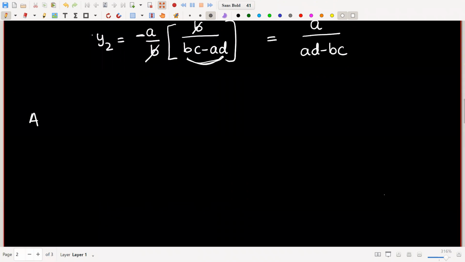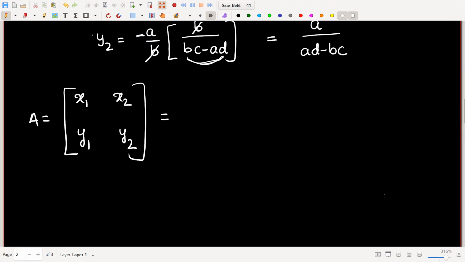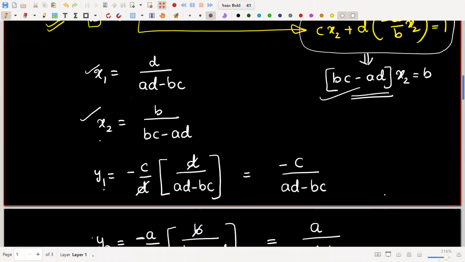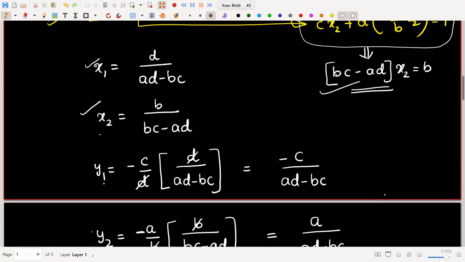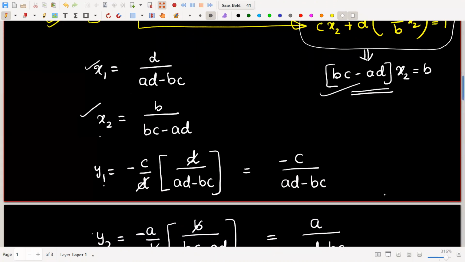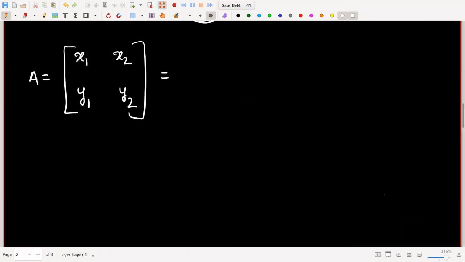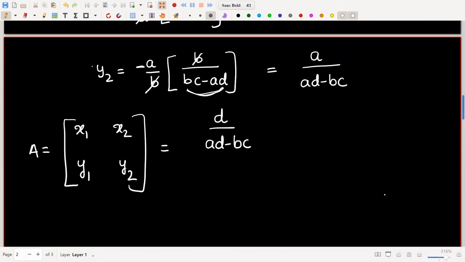Now, A inverse we have as [x1, x2; y1, y2]. So x1 is d over ad minus bc.